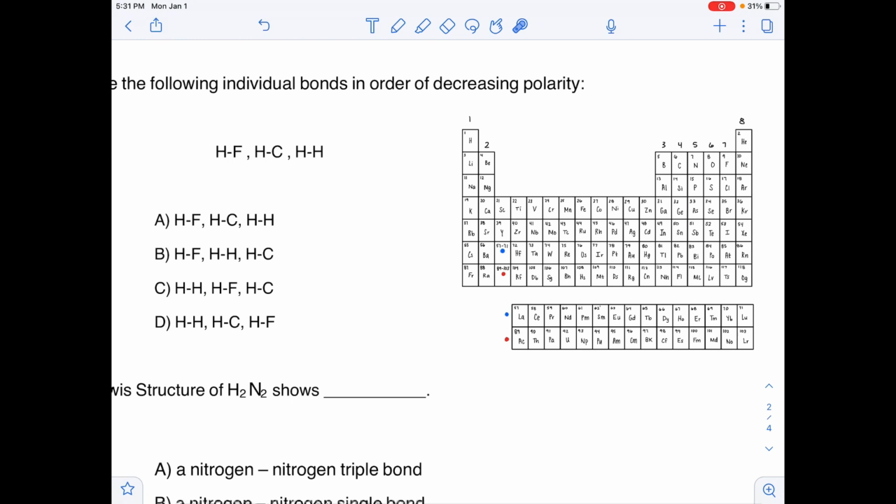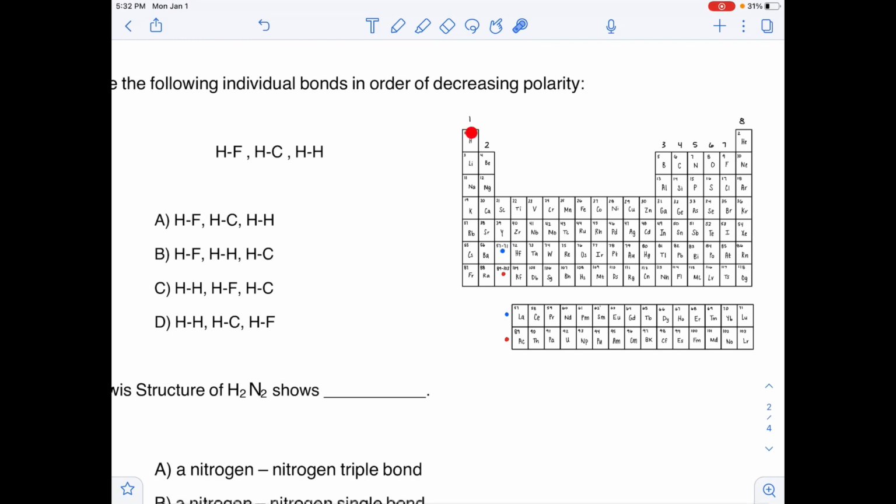That's more polar than hydrogen bonded to another hydrogen. And then hydrogen bonded to fluorine, fluorine is farther away than carbon. So hydrogen bonded to fluorine is going to be the most polar.